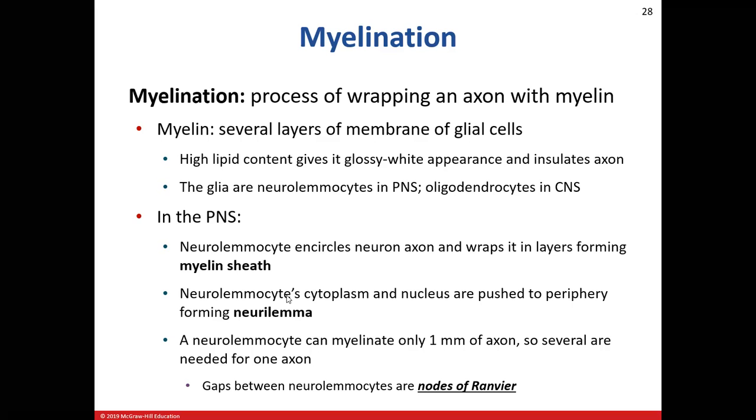So in order to myelinate the entire axon, it's going to take several Schwann cells. Because we're utilizing different cells along the entire axon, we form these gaps. And these gaps, again, as I just said, are called nodes of Ranvier.